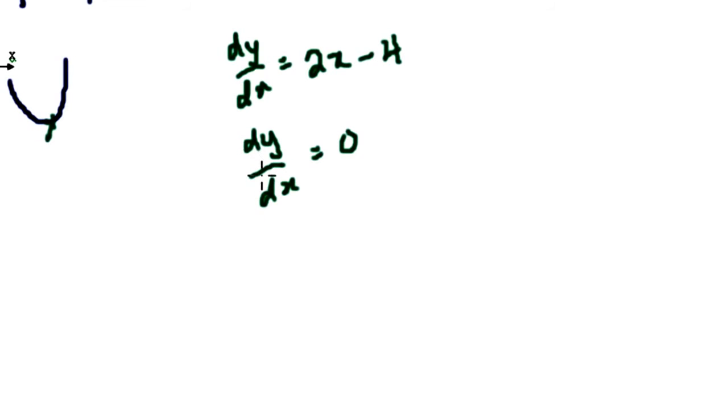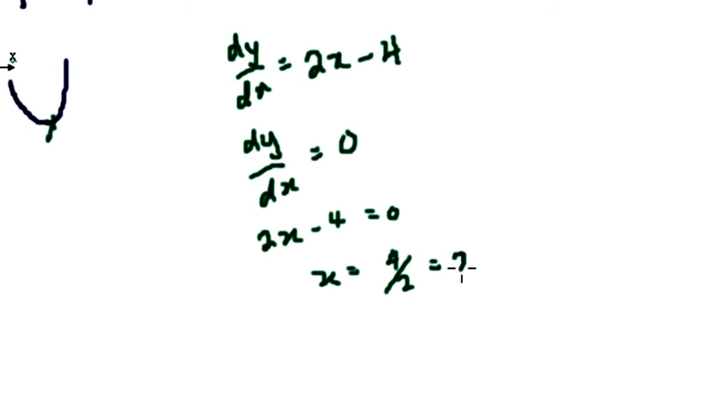So let dy over dx equal to 0, you will get 2x minus 4 equal to 0, and x equal to 4 over 2, which is 2. So the coordinate of the turning point for x is 2. And then let x equal to 2 into this equation.